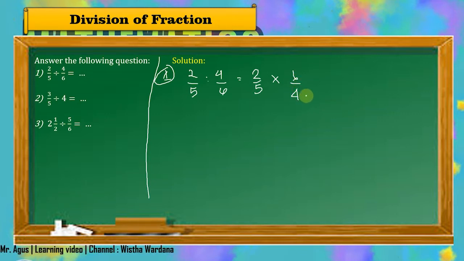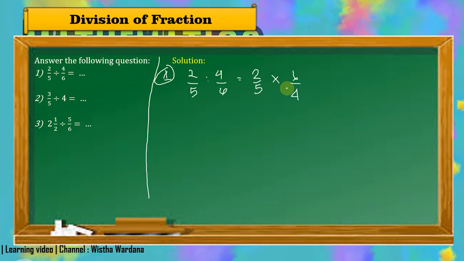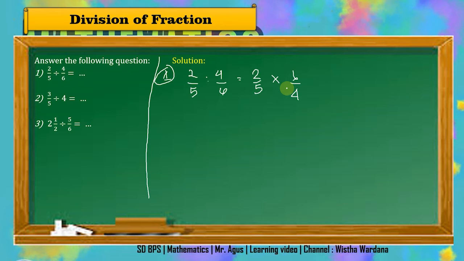This is the most important part in division problems, because if you want to change the division sign into multiplication, you have to change the second fraction to 6/4. So in the previous step it was 4/6, and in the second step you got 6/4. So the numerator becomes the denominator and the denominator becomes the numerator.